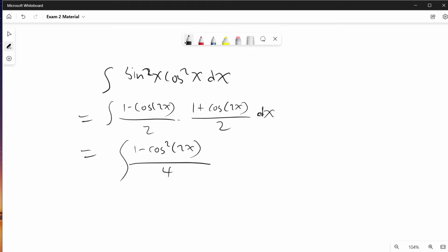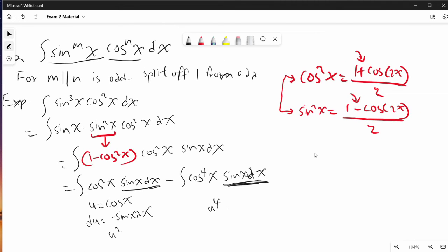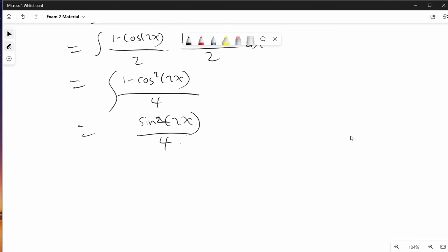Actually, you can just use the trig identity again. Have this, right, and then you can use the double angle identity, this one again, since you have sine squared 2x.